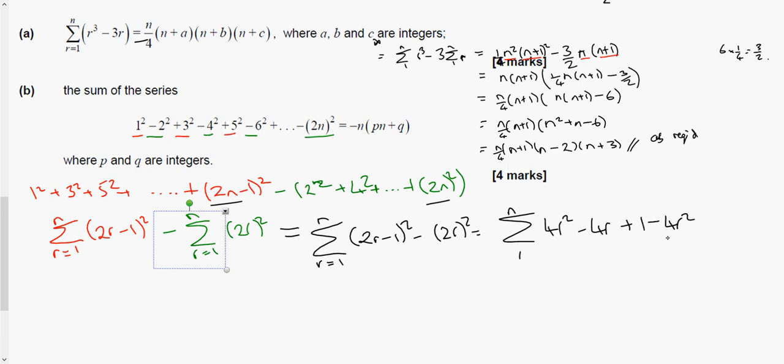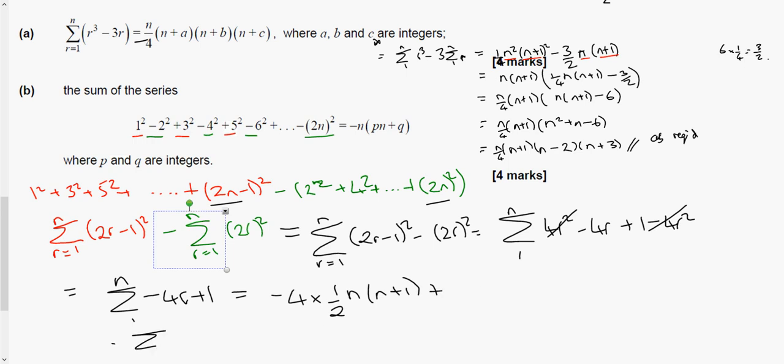I'm just expanding the brackets there. And you can see the 4r squareds are going to cancel out, and we get down to the sum from 1 to n of negative 4r plus 1. So then we can put that into a formulae, so that's negative 4 times the sum of r plus the sum of 1. Now if you sum up 1 from 1 to n, that's n.